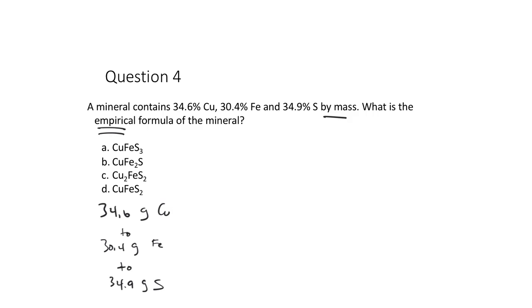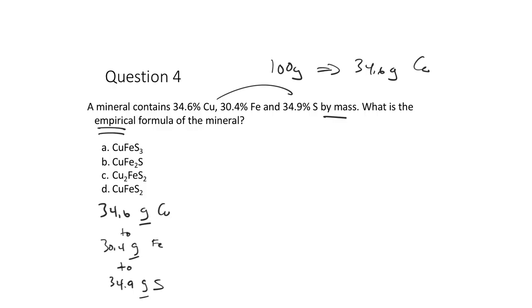I'm converting the percentages into grams, using 3 masses that are true for the information given. So if a sample is 34.6% copper, a 100-gram sample would be 34.6 grams of copper, 30.4 grams of iron, and 34.9 grams of sulfur.